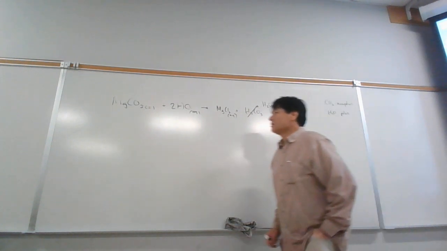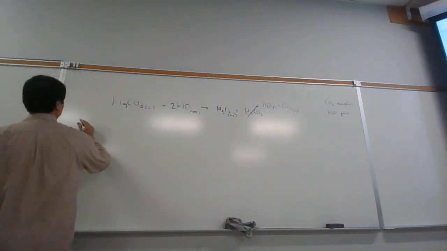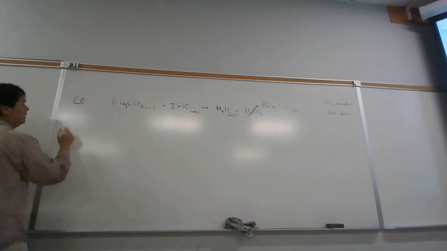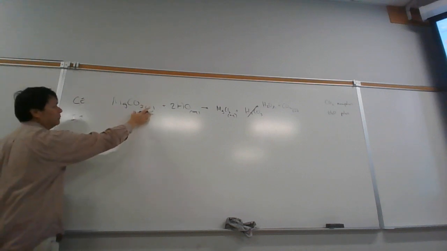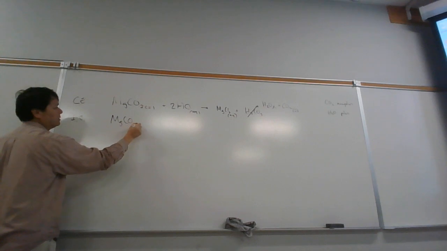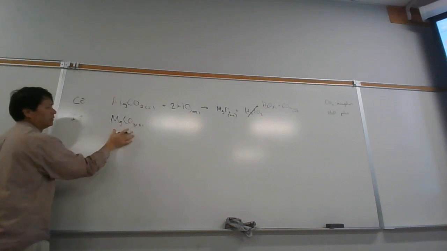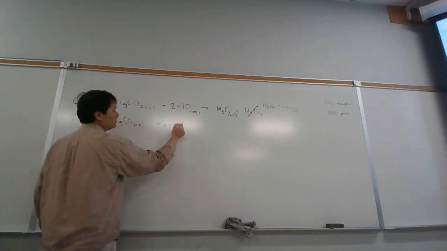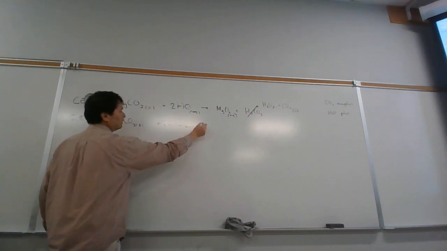But anyway, this is what we call the total formula. I call it the complete equation, CE. And then we want to be able to do the IE. This is important, because if it's an insoluble salt, it doesn't dissociate into ions. But a strong acid like this will dissociate into the ions, 2H plus and 2 chloride.